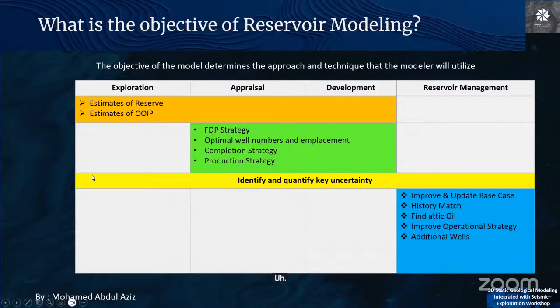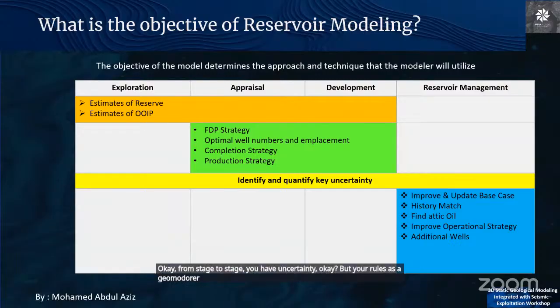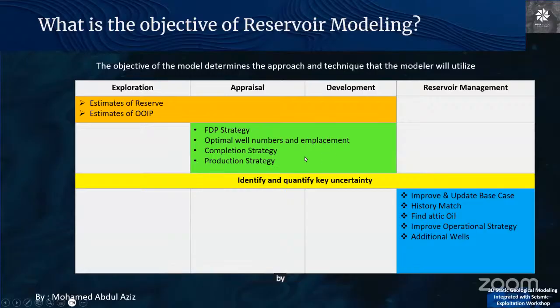In all of those stages, we need to identify and quantify key uncertainties. From stage to stage, you have uncertainty. But your role as a geomodeler, or as an organization, is to decrease this uncertainty by adding new data and applying more study, by applying seismic, for example.